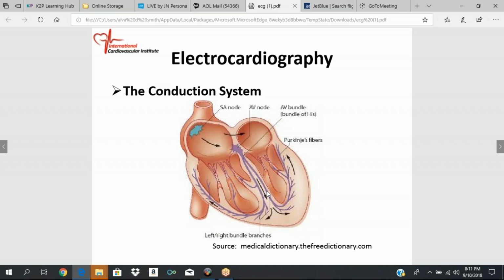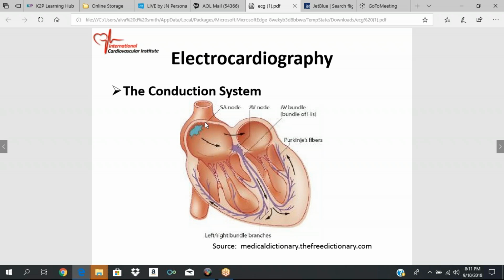You see the bundle branch come down and then it branches out to go into the muscle. The electrical system of the heart is very important because that is how the heart pumps. If there is no electrical signal, the heart is going to stand still. So you have to know the electrical wiring of the heart, so to speak.